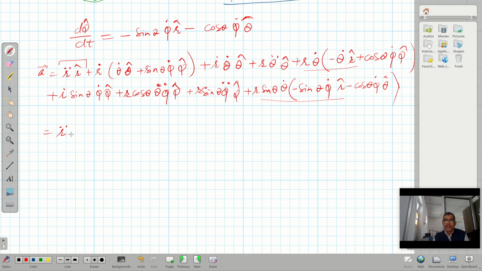So it is minus r theta dot square, and here it is r sine square theta, and its phi dot is here.